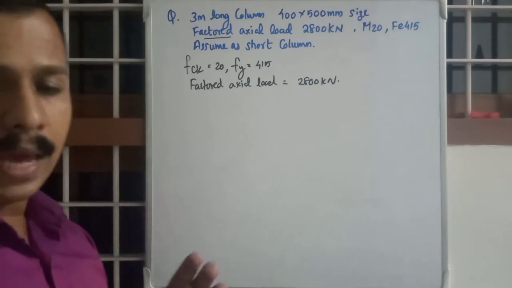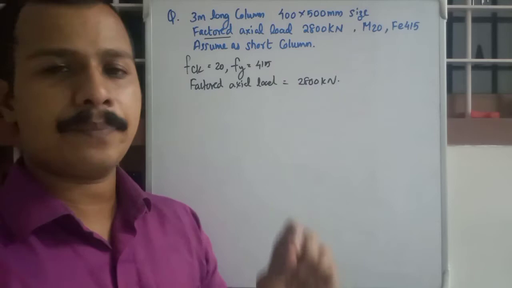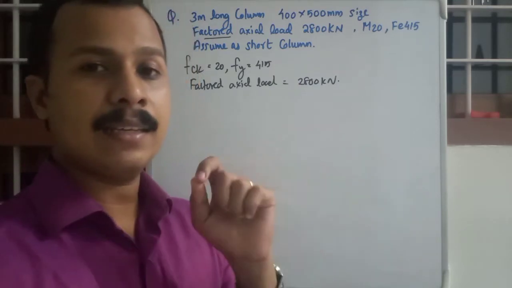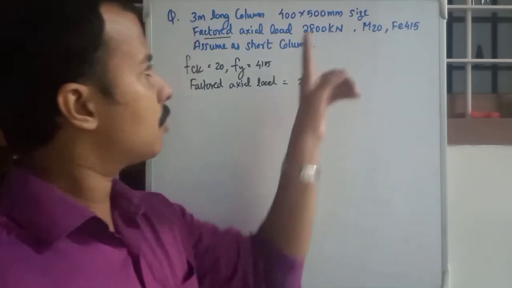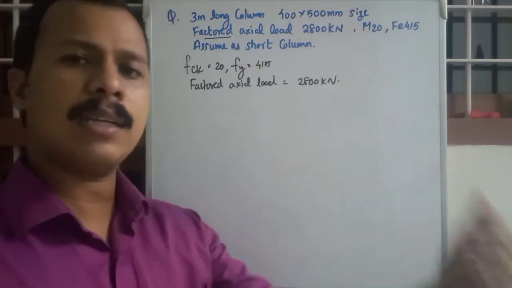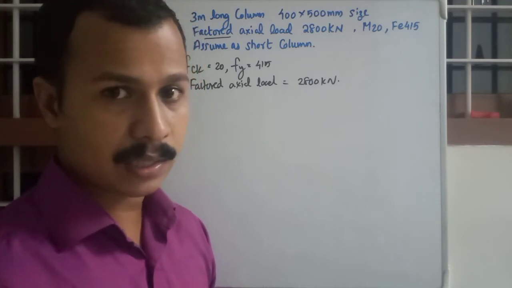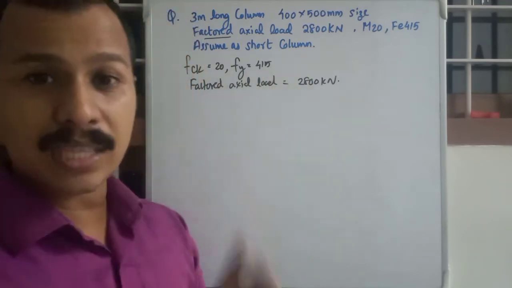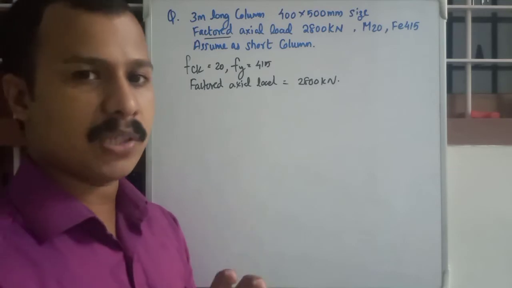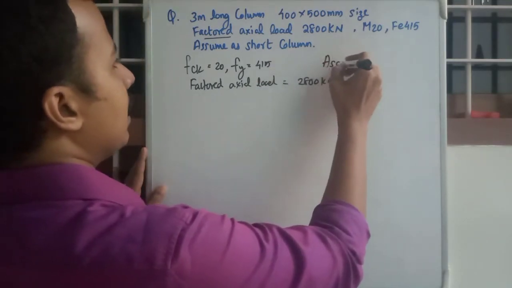Now we need an equation to calculate directly the area of steel, because we don't need to calculate the size, we have the size. We are going right into the reinforcement calculation. In this case it is Asc, because it is compression in a column. So we are calculating Asc.